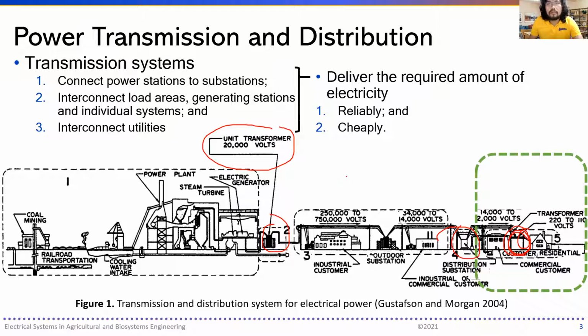We are sending the same amount of power, but in different properties: one that is very high in voltage and one that is very low in current. And with that, we are reducing the losses.